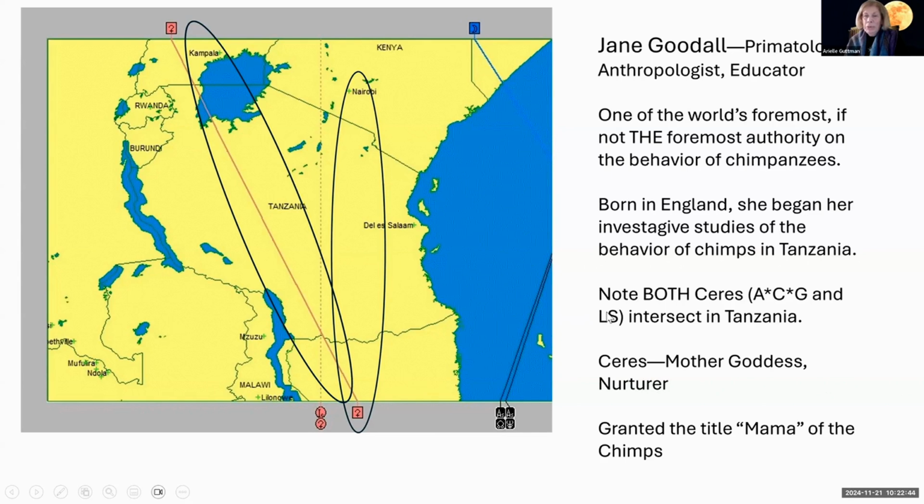Now, Ceres is called the mother goddess, the nurturer, and she has been granted the title Mama of the Chimps. And again, the world's leading authority on chimpanzees and their behavior, really getting right down there and living with them and communicating with them like a mother would do with her children.